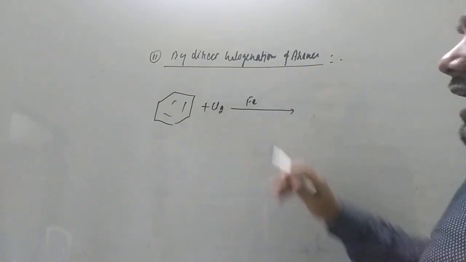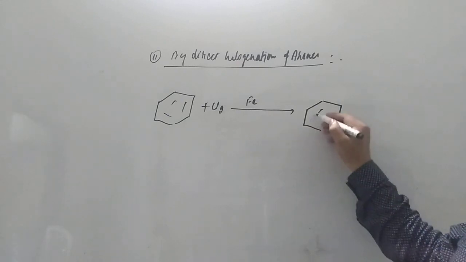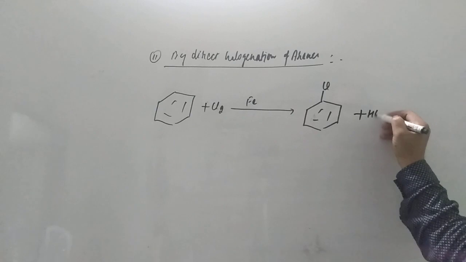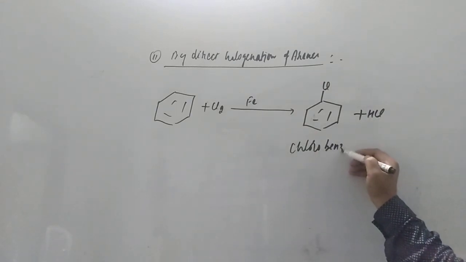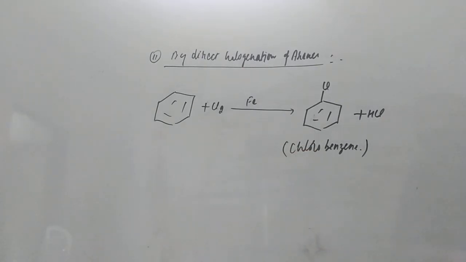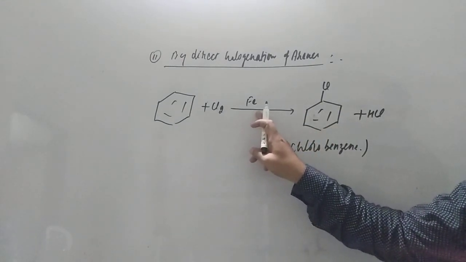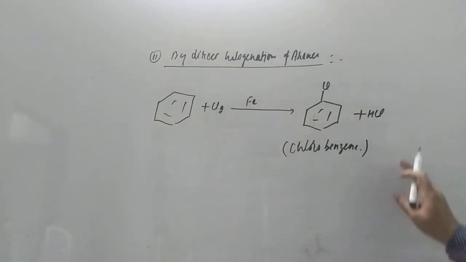Suppose we take the Fe catalyst. Chlorine will add directly, and HCl will form. This is known as chlorobenzene. So if you want the haloarenes directly, take the Fe metal scrap, treat with chlorine, and you will get chlorobenzene.